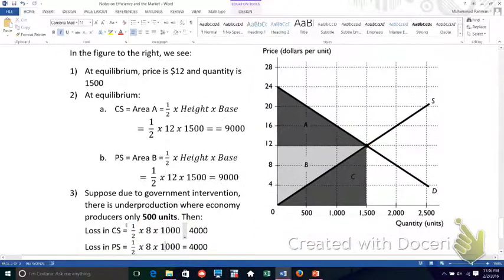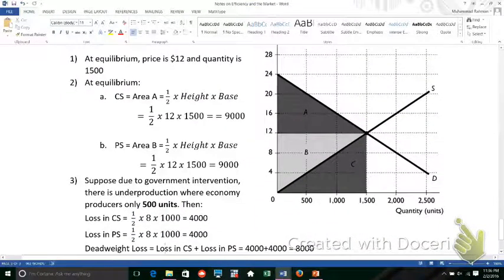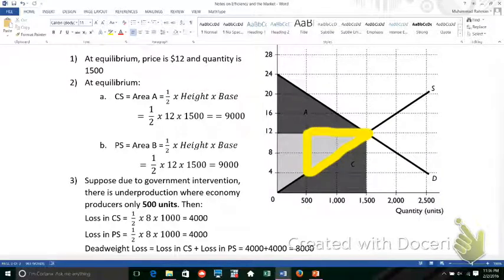Similar to that, when you are looking at the loss in producer surplus, it is going to be this smaller triangle, where again the base is 1000 and the height is 12 minus 4, which is 8. So the loss in producer surplus is also 4000.